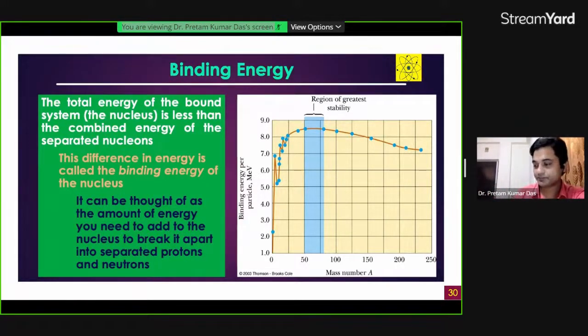When the Z number increases, the size also increases, so there is an extra force, that means the repulsive force due to the Coulomb repulsion has already started, and the Coulomb repulsion in this region is higher than in this region. So that's why you can see continuous alpha decay in this region.